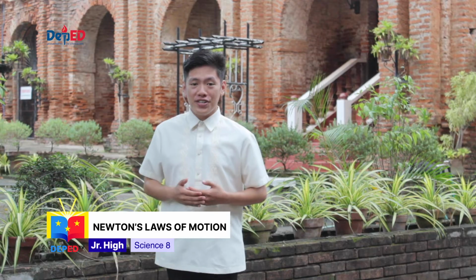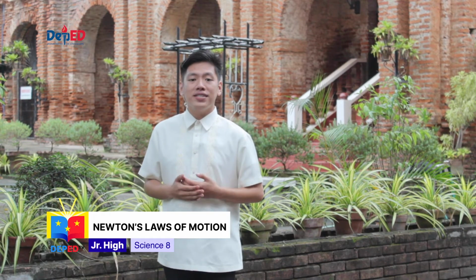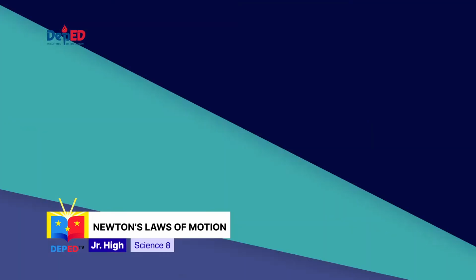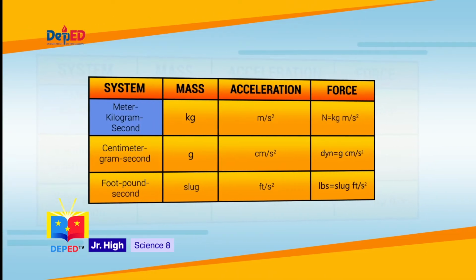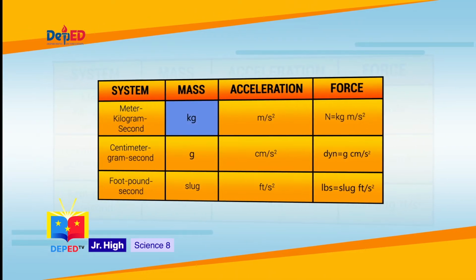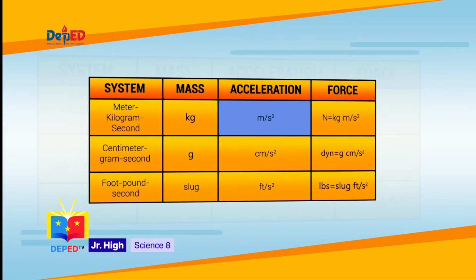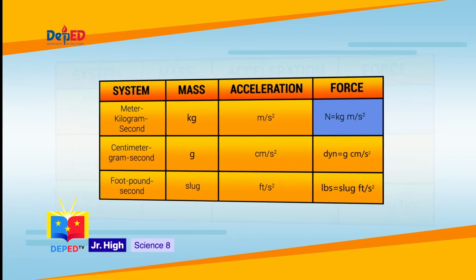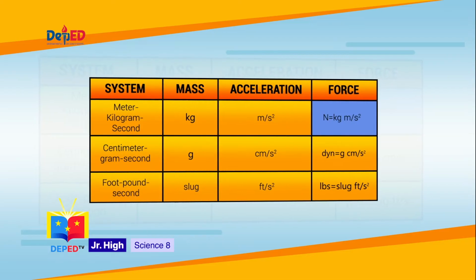For you to better understand this, you have to be familiar with the correct units for mass, acceleration, and force, which vary from one system to another. Take a look at this table. For the meter kilogram second or MKS system, we use kilogram for the mass, meter per second squared for the acceleration, and newton for the force with a dimension in the MKS system as kilogram meter per second squared.